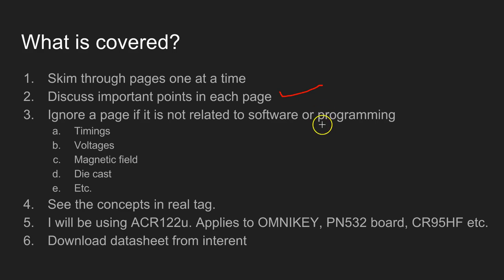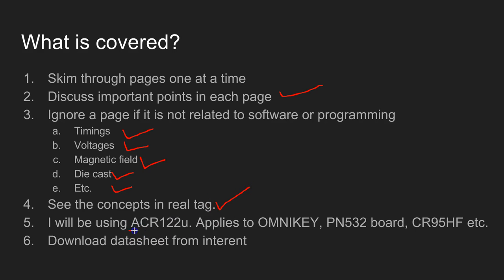For example, the electronics that speak about capacitance or inductance, the timings, voltages, magnetic field or the die. I'm not going to discuss those because I myself don't know more about those concepts. As we go through page by page, I'm going to show some of the important concepts on the real tag.